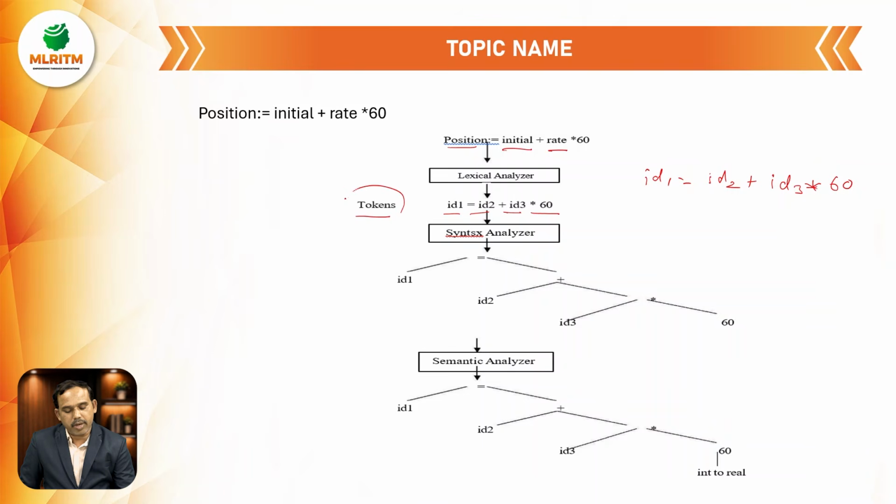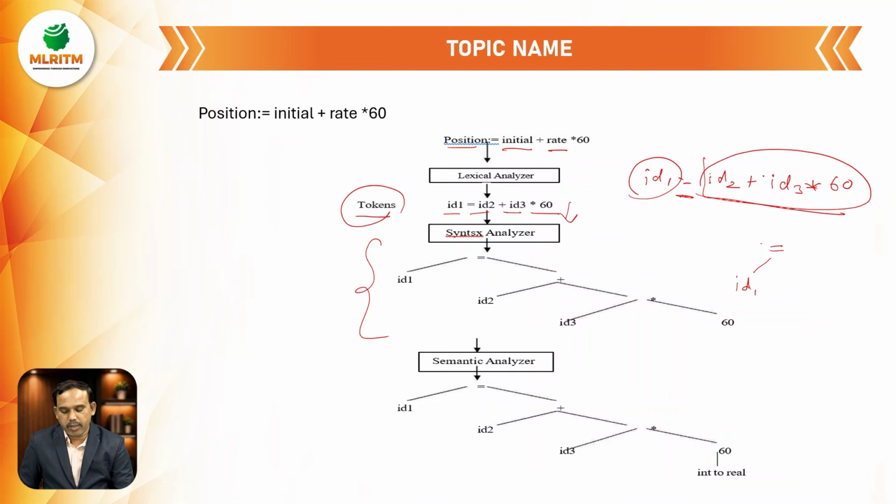These tokens are the input of the syntax analyzer. The syntax analyzer produces the syntax tree or parse tree. The syntax tree is like this. Assume this is one expression, and the root node is equal to, and the left child is id1.